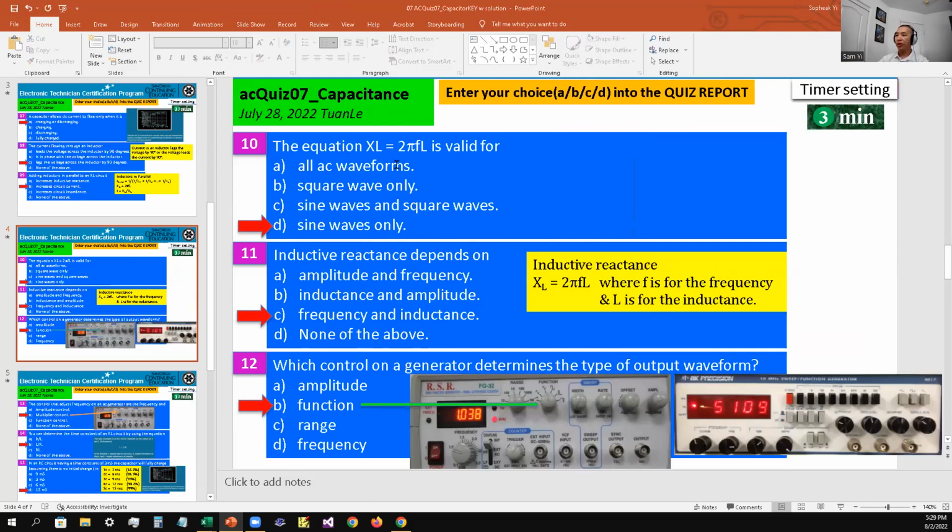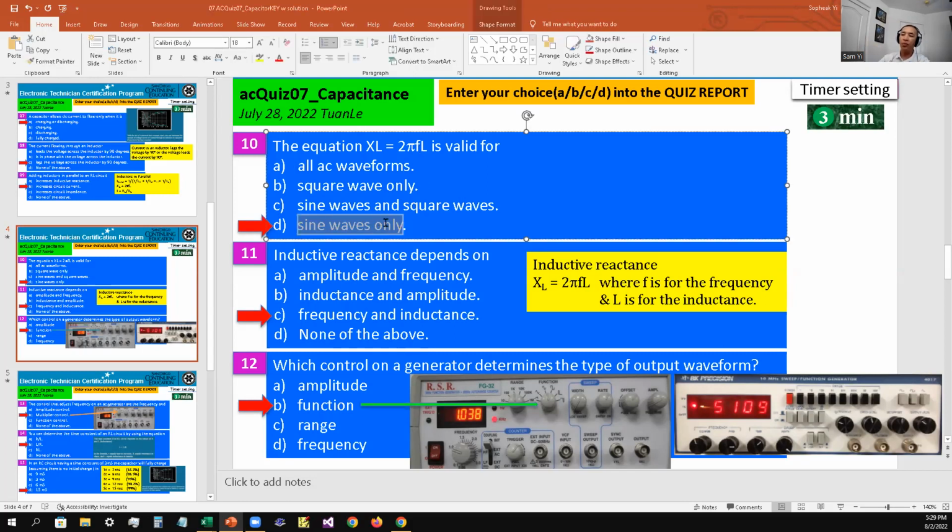Okay, the equation XL equals 2 pi FL is valid only for a sine wave, because if you take a square wave, you're going to have a lot of frequencies. Like Mr. Pham said yesterday, you have so many harmonics in a square wave, so you can't use that for the calculation.